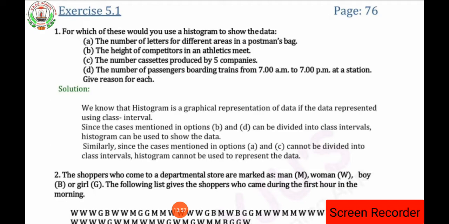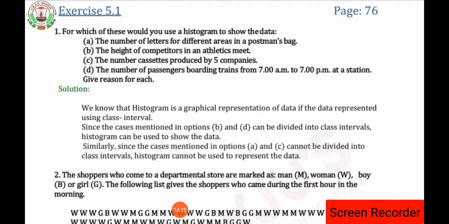But for the case of the postman, A part and C part, there are 5 companies, and inside the 5 companies there are number of employees, number of products, so that data is too large. So for that we can't get a unique class interval. That's why we cannot draw a histogram for the A and C parts.